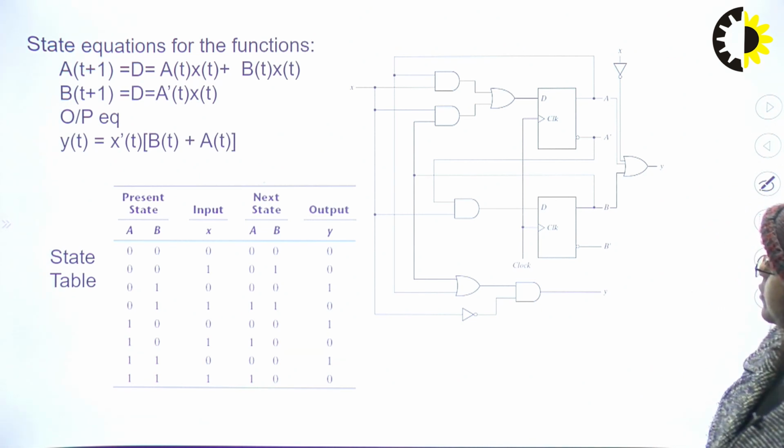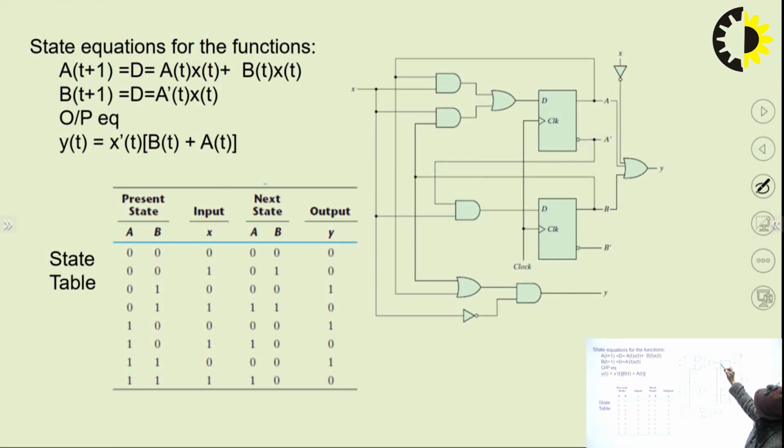Using this circuit, we can easily see that DA is given as A into X plus X multiplied by B. Using this circuit, we can see that this is A, this is X, and this is B. So, our equation DA is nothing but A(t), the present state, multiplied by X(t), the input, plus B(t), the present state, multiplied by X(t), the input. The next state of D flip-flop is nothing but equal to input.